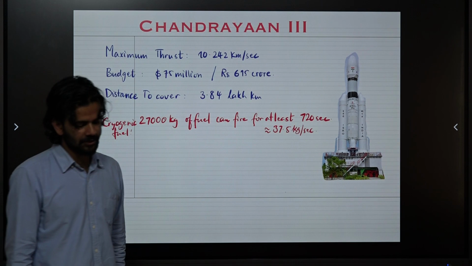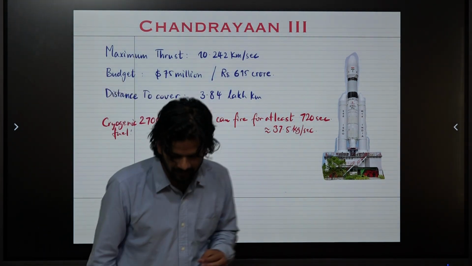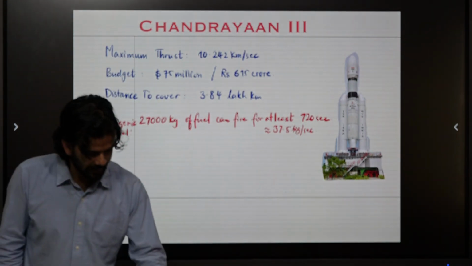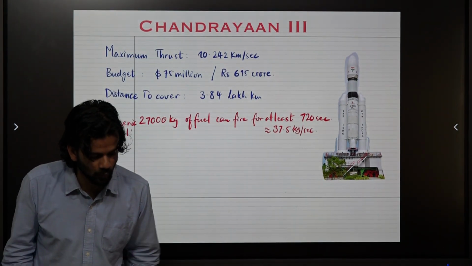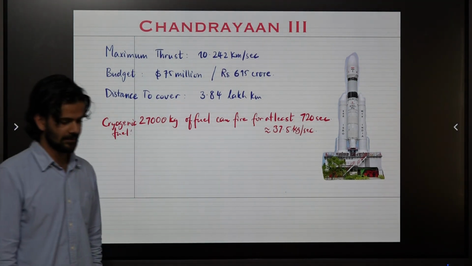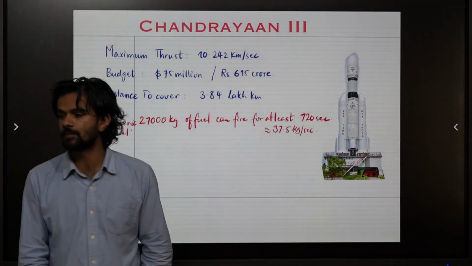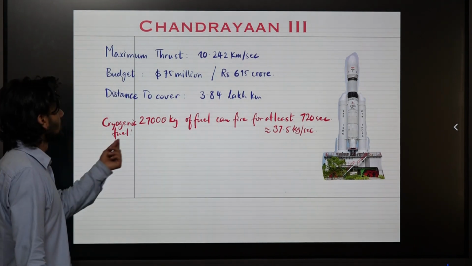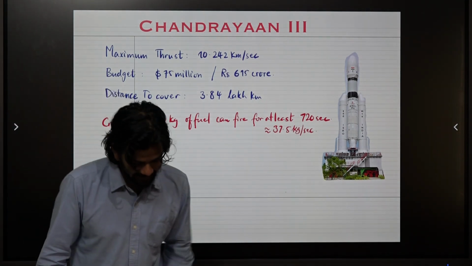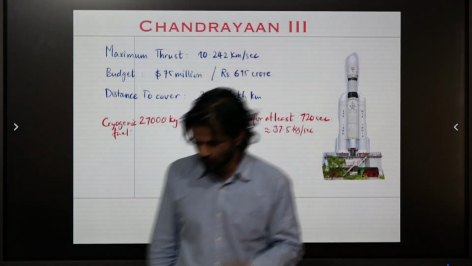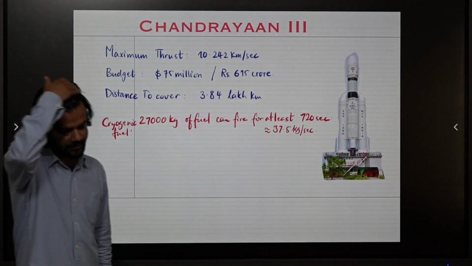So Chandrayaan-3 mission, its maximum thrust, that means in 1 second, it can travel 10.242 kilometers. It can achieve that much speed. Budget, they spent 615 crores of rupees for this project. Distance to cover. What distance should the Chandrayaan cover? 3.84 lakh kilometers.